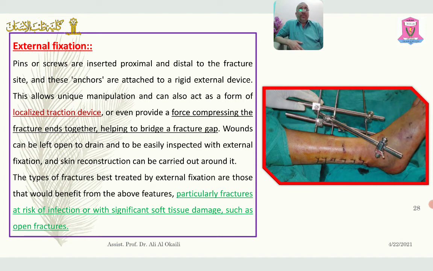The types of fracture best treated with external fixation are those that would benefit from the above features, particularly fractures at risk of infection or with significant soft tissue damage such as open fractures.